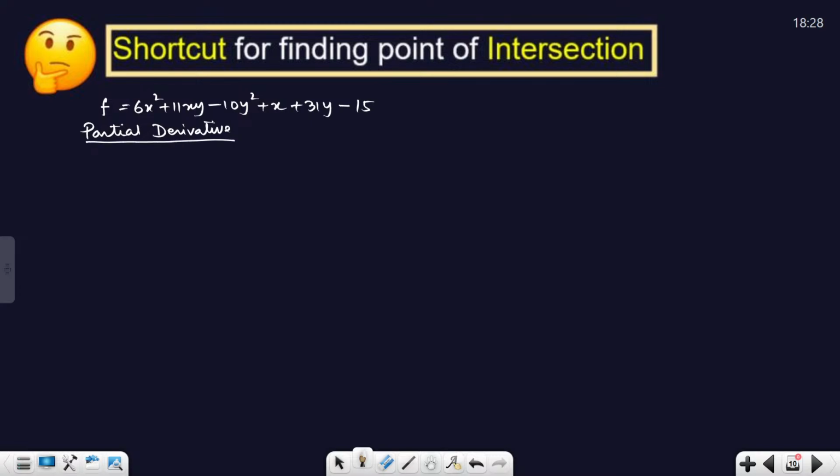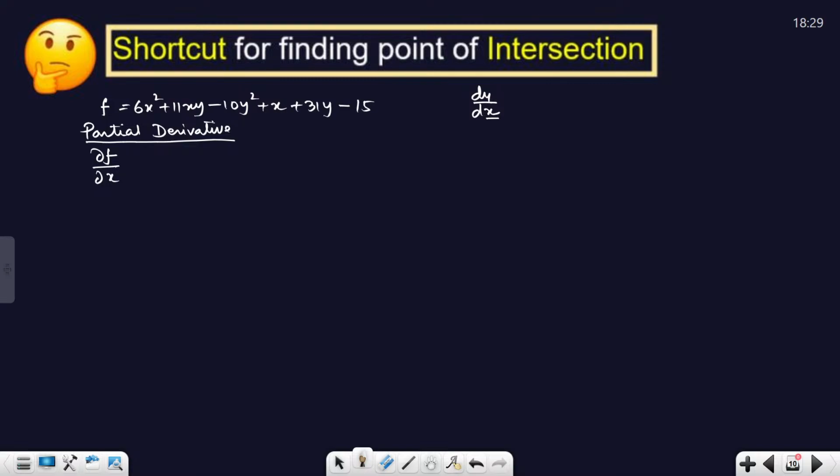What is partial derivative? When we are doing dy dx, you are differentiating y with respect to x, right? But when we are differentiating partially, we write that as del. If we partially differentiate with respect to x, then we will treat everything other than x as constant.